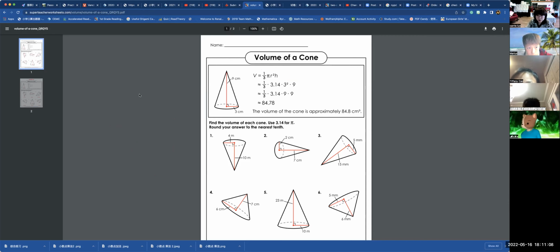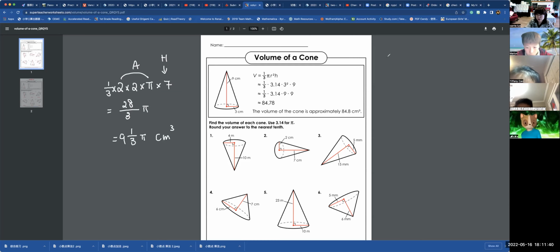Okay, so let's take a look at number 2. So number 2 is first 2 squared times pi times 7. So this is the area, this is the height, and don't forget times 1/3. So equals what? Equals 28/3 pi. So the answer is 9 and 1/3 pi centimeters cubed.